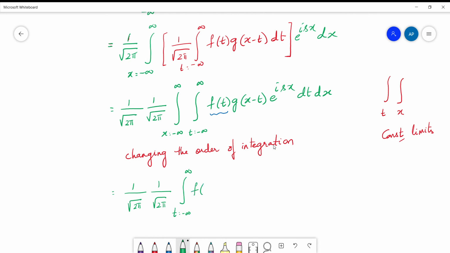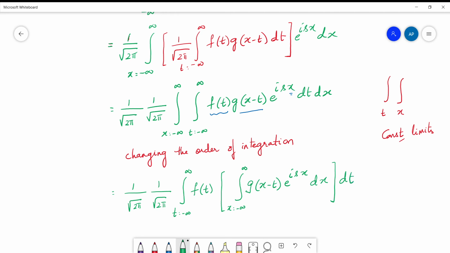So let me put f of t there. Then I open a bracket and now write the integral for x. x now varies from minus infinity to infinity. Collect all the terms which have x in them, so I put them together: g of x minus t e to the power isx. And then, because you are integrating the inner integral with respect to x, you write dx. Close the bracket now and then write dt.